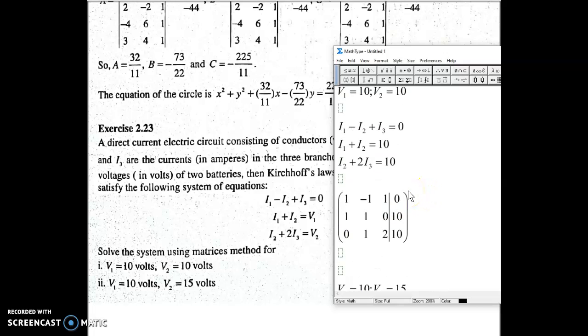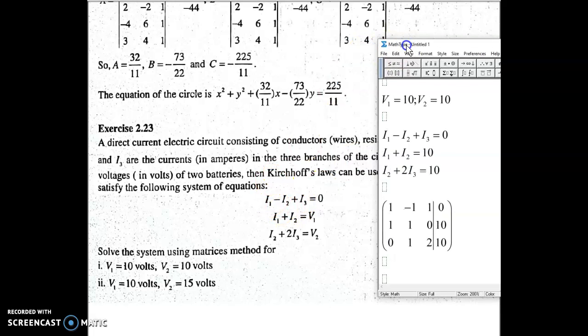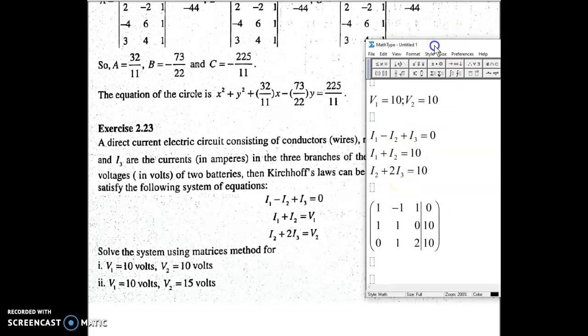Okay, so for this question they don't really give a specific general form of equation, but they have what we call Kirchhoff's laws. So this is the set of equations for these laws, and basically in any situation, right?